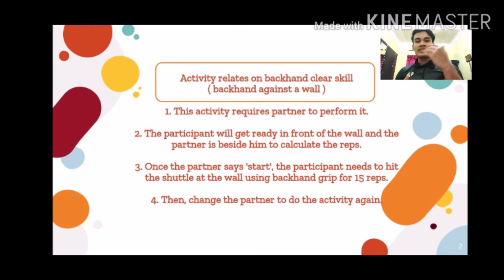Once the partner says start, the player needs to hit the shuttle at the wall for 15 reps without fail, and the partner counts the reps until 15.